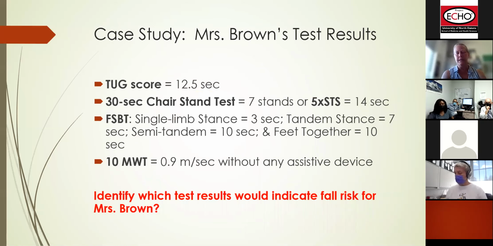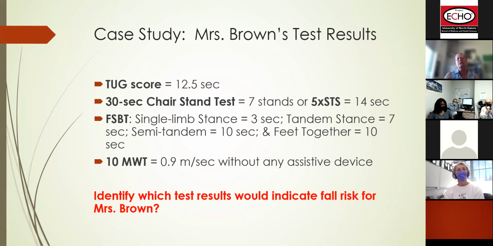So here's our case study. We have Mrs. Brown. Her TUG score was 12.5. Her 30-second chair stand test, she was able to do 7 stands, or if we did the 5 times sit to stand, that took her 14 seconds.